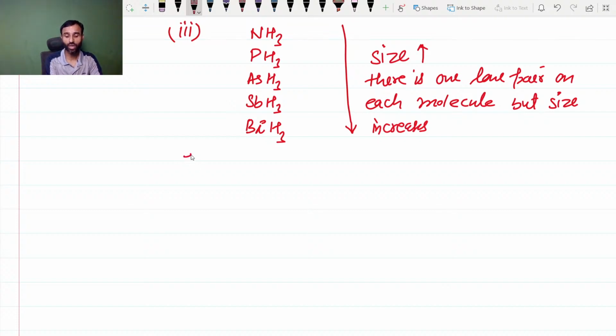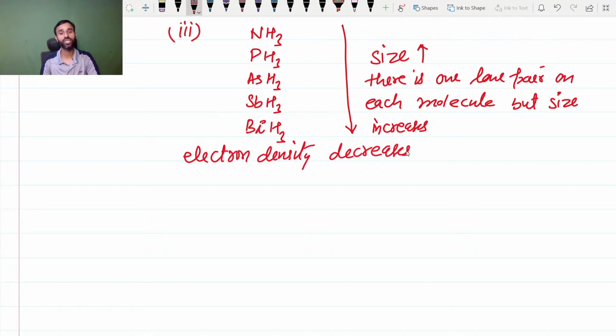So electron density decreases as we go down the group.